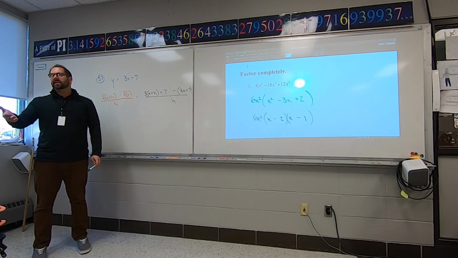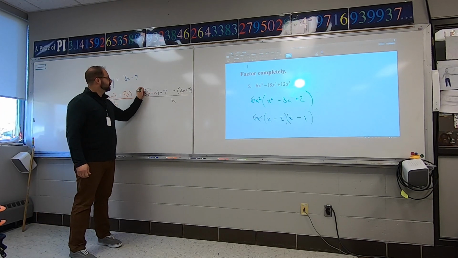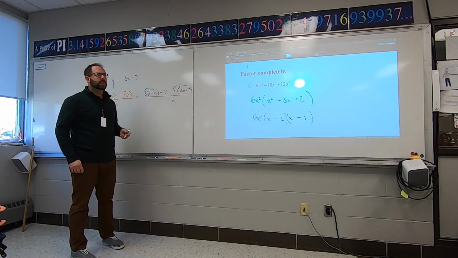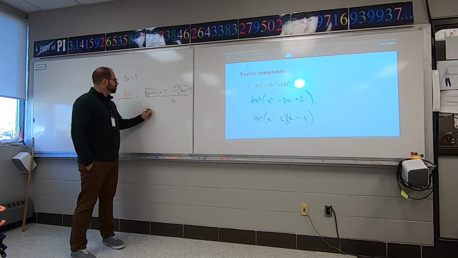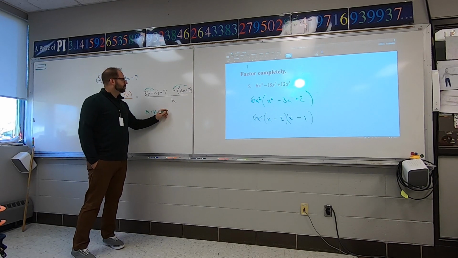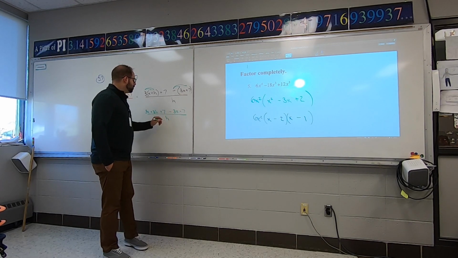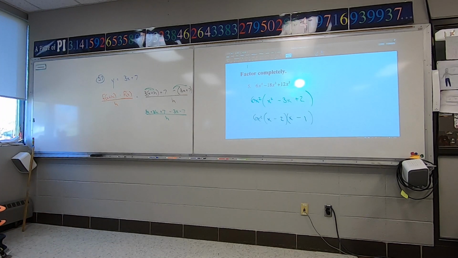So what do I have to do next? Distribute. Super easy. Distribute the 3's, distribute the negative signs. There's no foiling, nothing weird. So this is 3x plus 3h plus 7 minus 3x minus 7, all divided by h. What happens if you did this right?